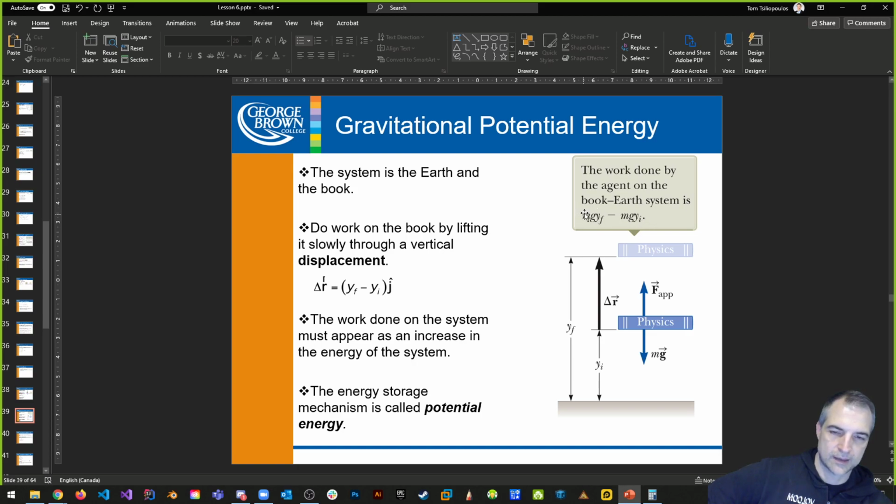Mg, mass times gravity. If you think about what this is, if I let an object go, m times acceleration is force. Force times a particular displacement on a particular axis, force across the x-axis, force across the y-axis, is work, right? If you think about it.